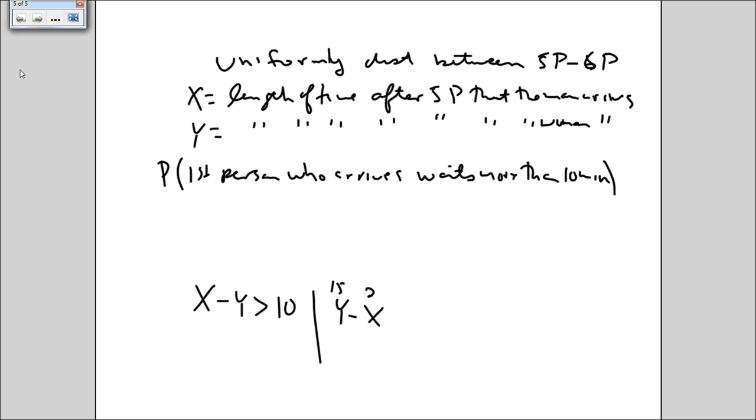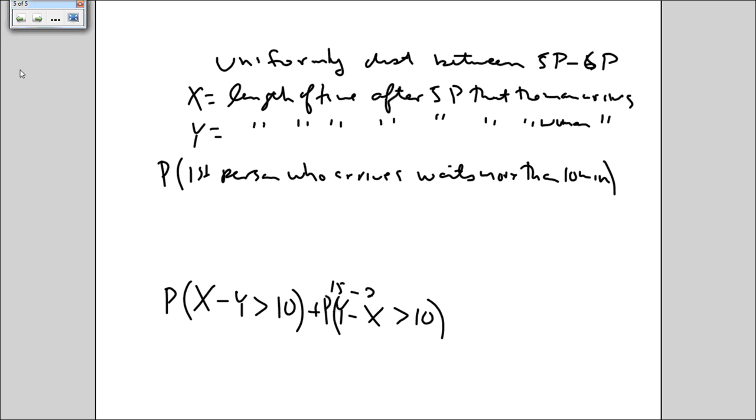After 5 and X comes 2 minutes, minus 2, which is 13, is bigger than 10. So basically, we want the probability of Y minus X is bigger than 10.